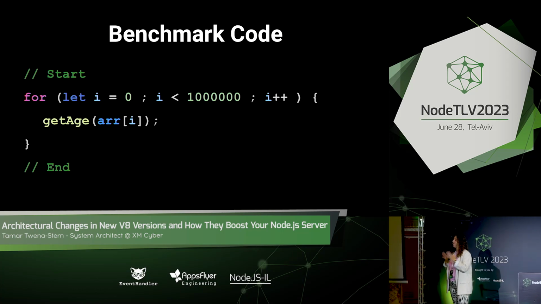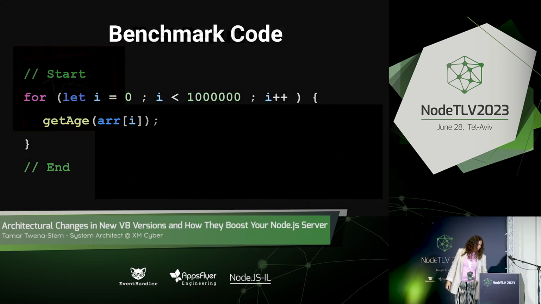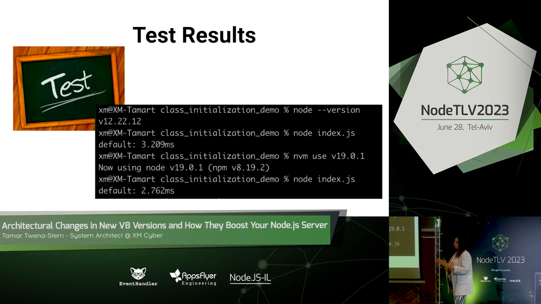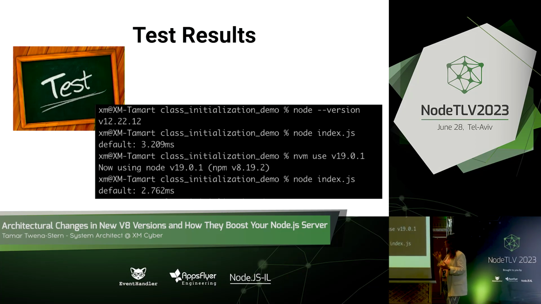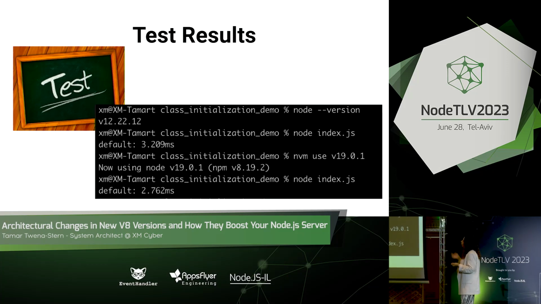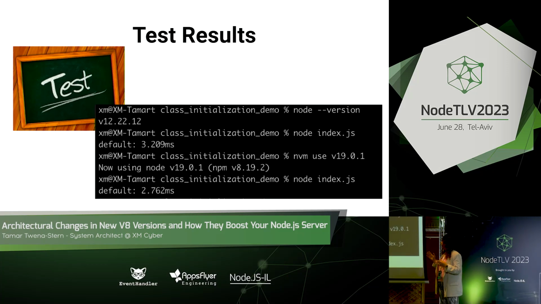Again, we're isolating a problem. In real world scenarios, you would have a server, and that function is gonna be called multiple times, but that's like a micro benchmark, isolated. So now you can see that in old Node.js versions, which receive old V8 versions, that loop is taking 3.2 milliseconds.